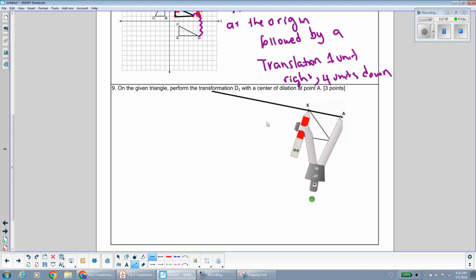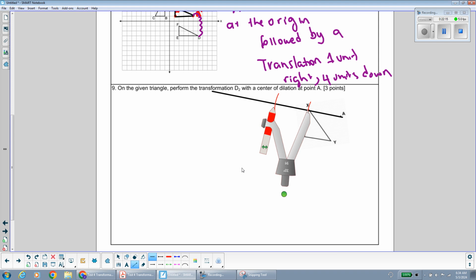Mine wasn't super accurate. Let me try to get that a little bit better. Oops. As I mentioned, this is very hard on the computer. I think that should be a little bit better. Not perfect. Okay, and then all I'm going to do is just double that distance.